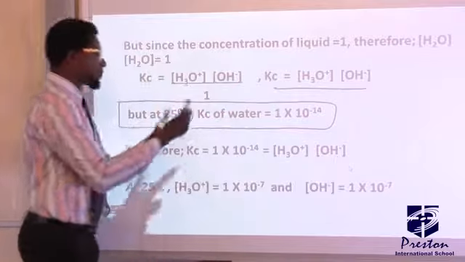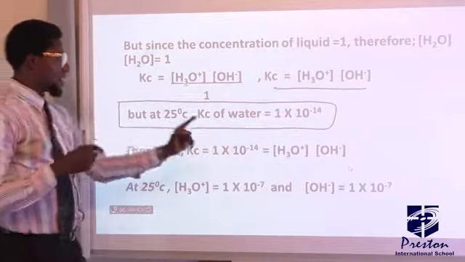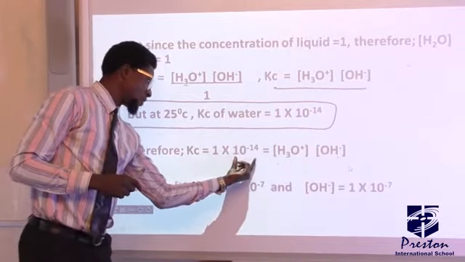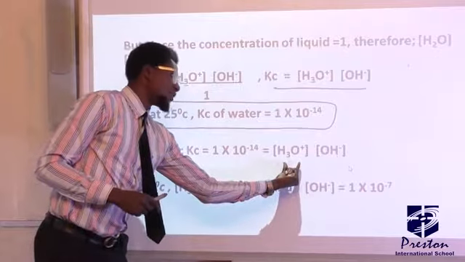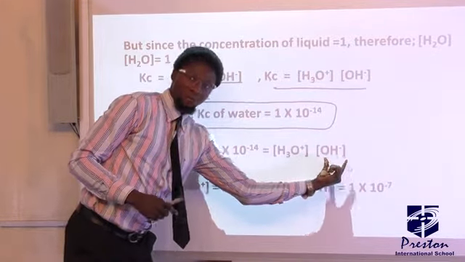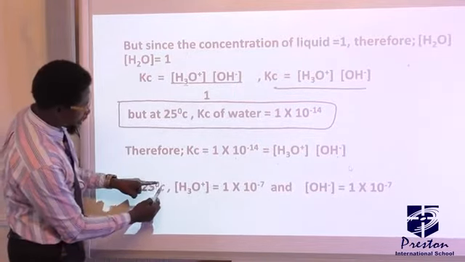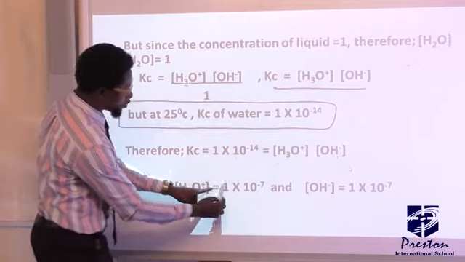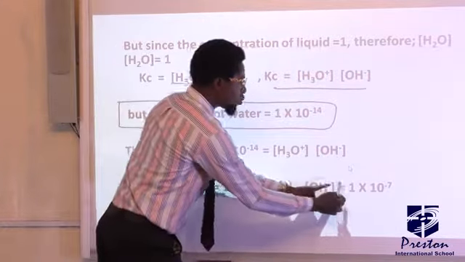This. From this expression, at equilibrium, out of the 10 raised to power minus 14, H3O+ will be taking minus 7 there, and OH- will also be taking minus 7 at equilibrium. So that is why at 25 degrees Celsius, H3O+ equals 1 times 10 raised to power minus 7, while OH- will also be what?